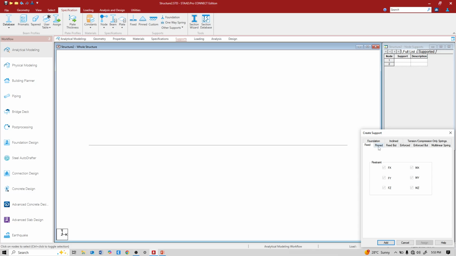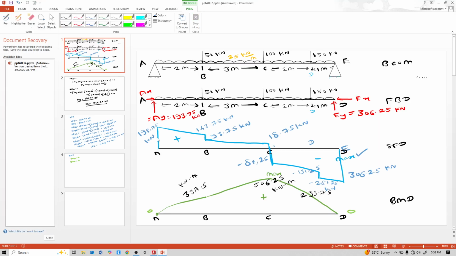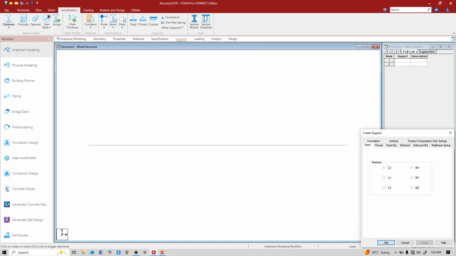So one is hinge support and the other is also hinge support. So only X and Y reaction comes. This is 2D analysis.